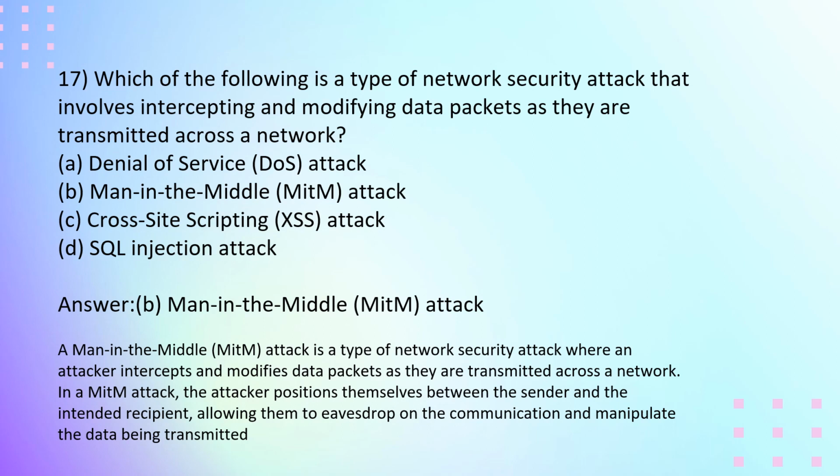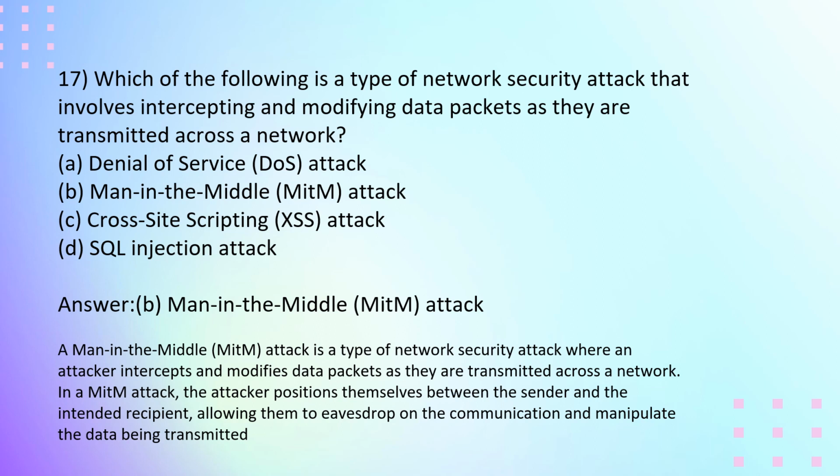Which of the following is a type of network security attack that involves intercepting and modifying data packets as they are transmitted across a network? The answer is B. Man in the Middle (MITM) attack. A man in the middle attack is a type of network security attack where an attacker intercepts and modifies data packets as they are transmitted across a network.